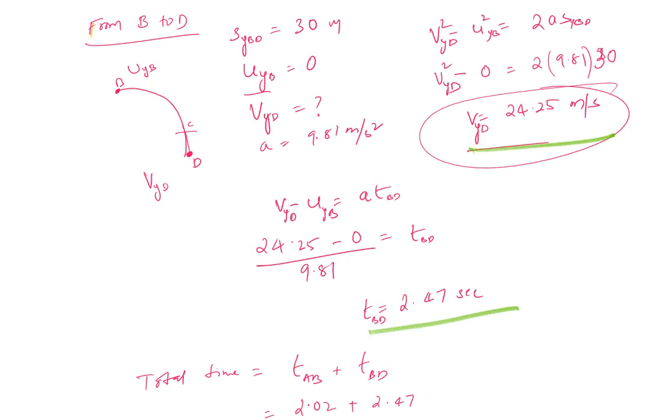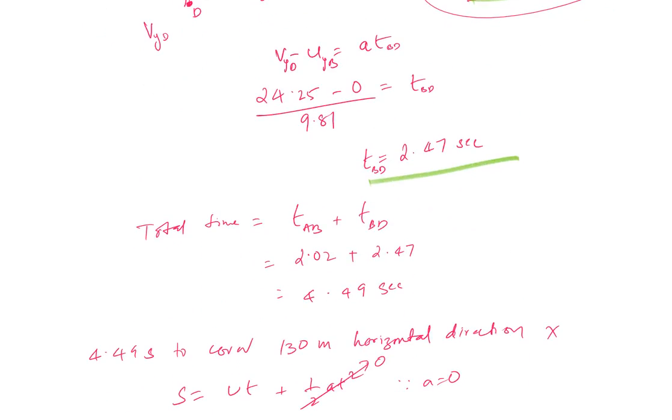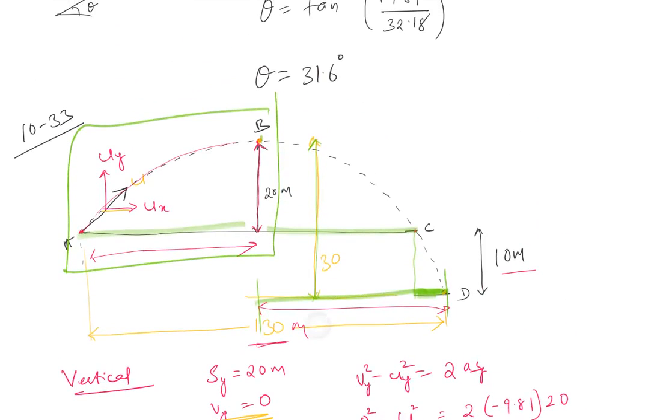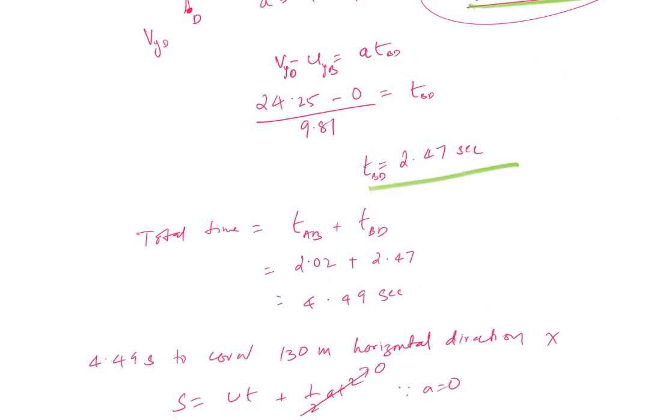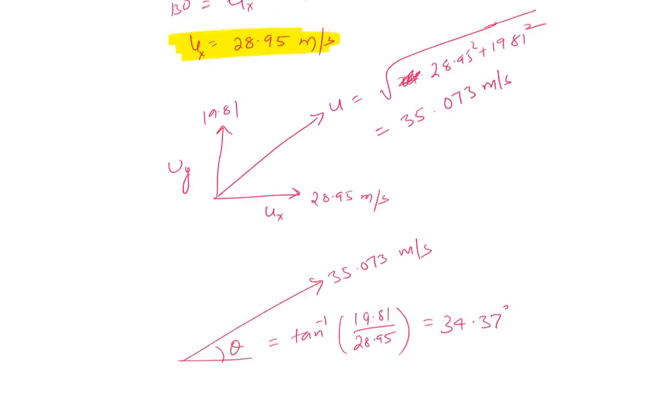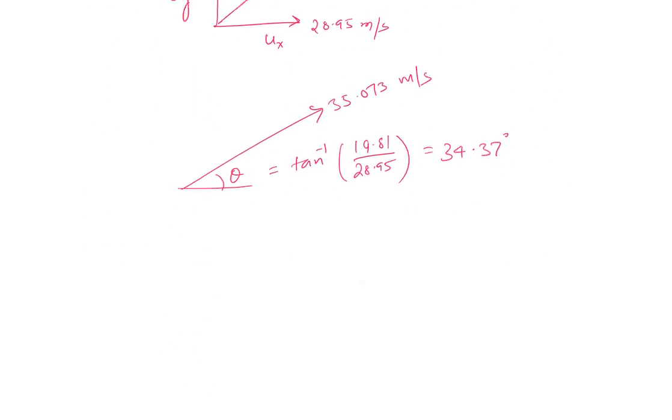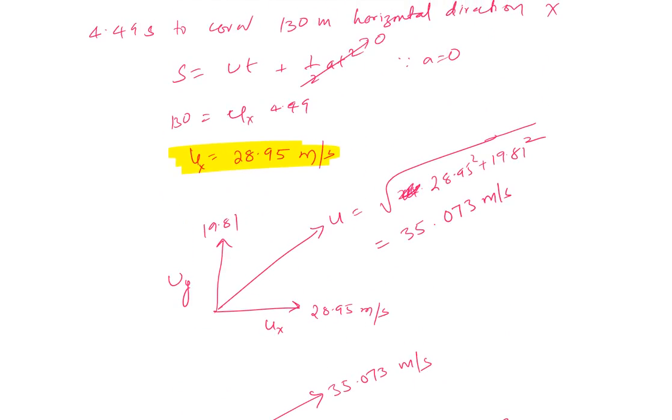Then we have the time from B to D, and we also have the time from A to B. So the total time and the total distance it covers in that much time is 130 meters. So we know the time, and we can find the horizontal part of the velocity.